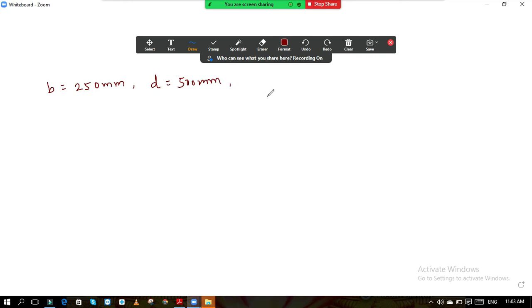Then it is reinforced with 2 bars of 16 mm as compression reinforcement. So ASC is equal to 2 bars of 16 mm diameter. This is ASC, and now AST, they have given us AST as 4 bars of 20 mm, and the effective cover in the compression zone, that is D dash, is given to us as 50 mm.